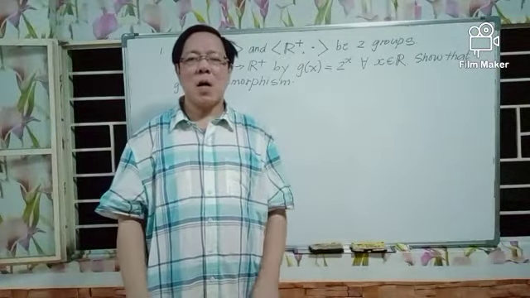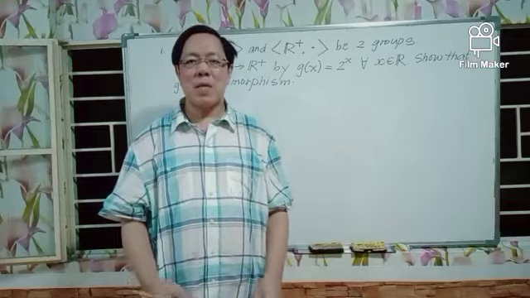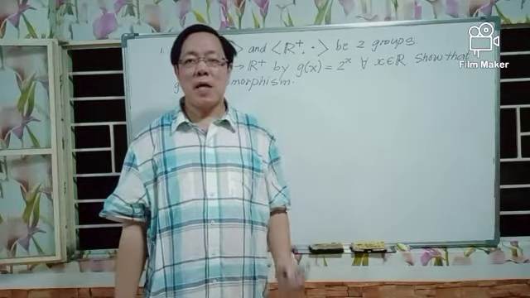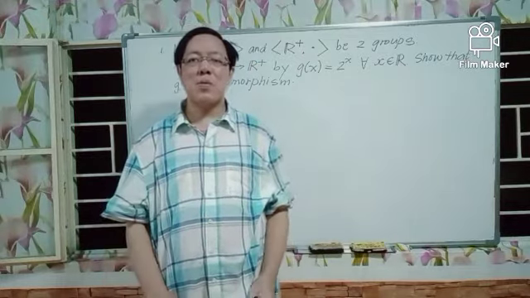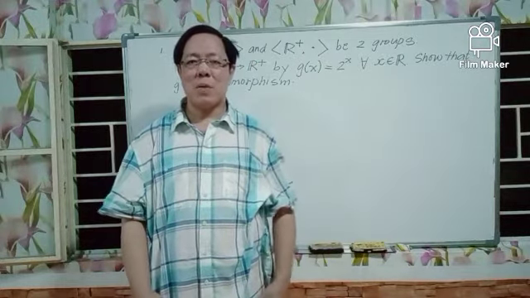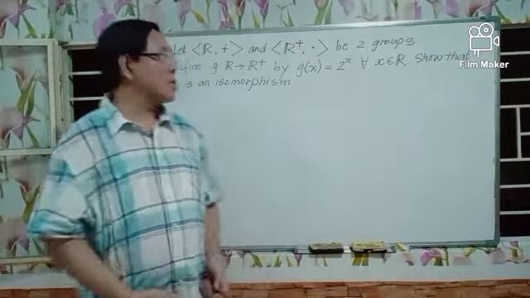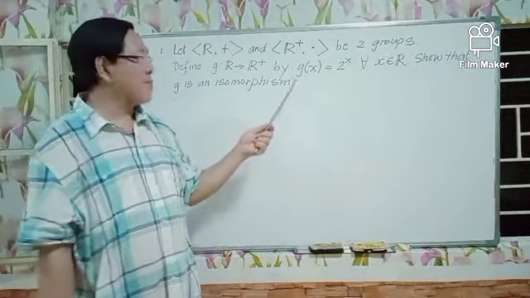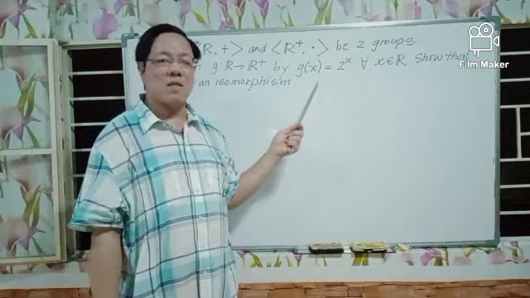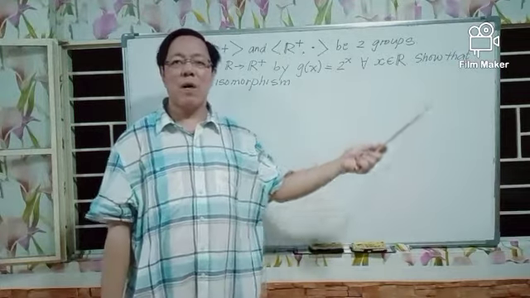Again, in verifying whether one group is isomorphic to the other group, we have to define a function from the first non-empty set of the first group to the second non-empty set of the second group. But in this example, the function from set R to the set of positive real numbers is already given and is defined by g of x equals 2 to the power x for every x element of R.